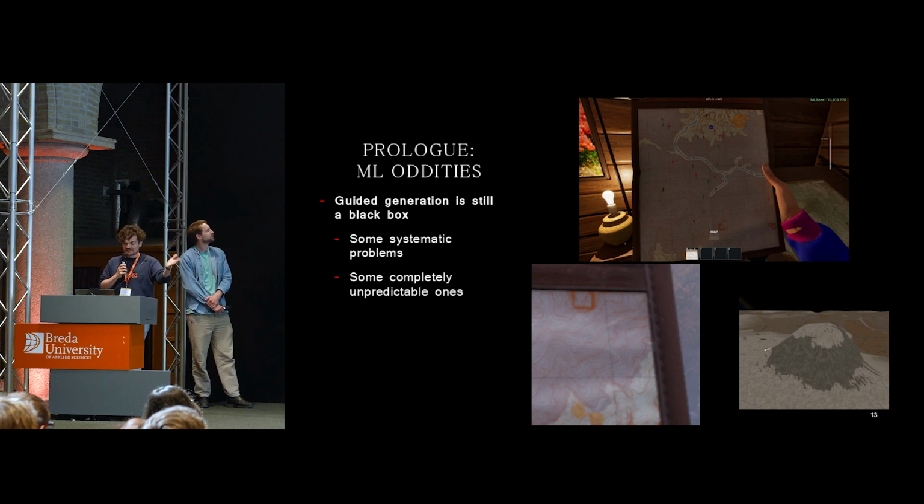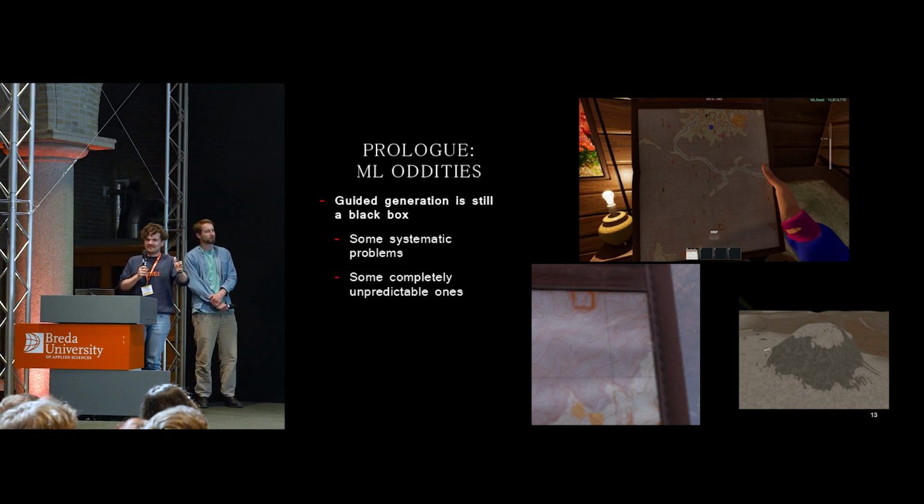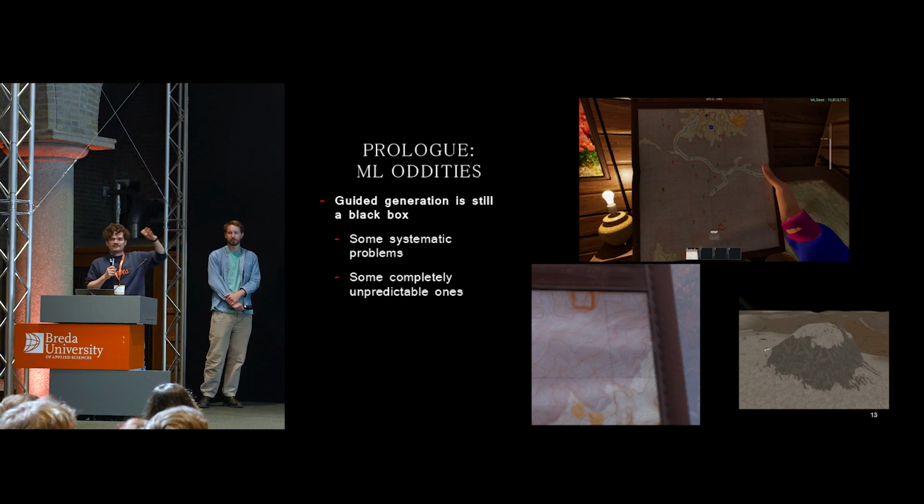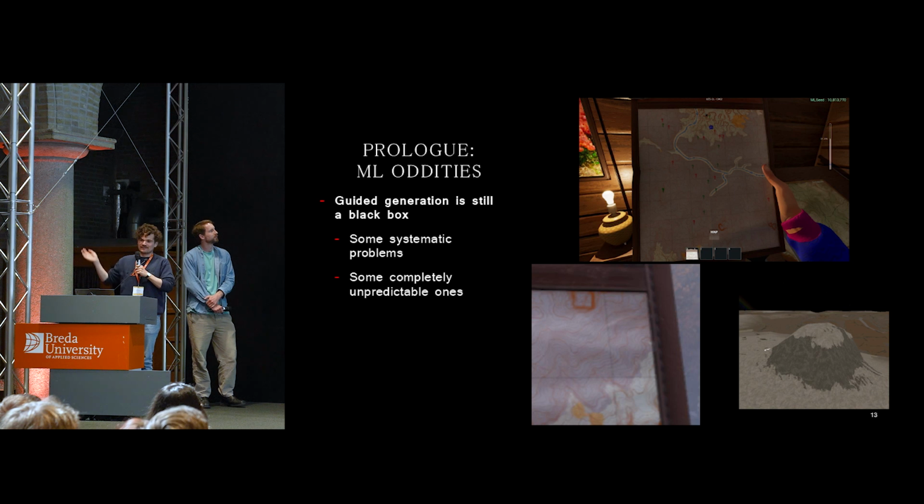But it's not perfect, and guided generation is still a machine learning model and still is a black box. So we have a couple of problems, some being systematic ones. For example, our current model in Prolog will, every now and then, about 5 to 6% of the times that we generate, generate these barren mountain maps, we call them, which essentially you come out of your cabin and it looks like you're on the moon because everything's a mountain, there's no vegetation anywhere, and these are obviously very bad.